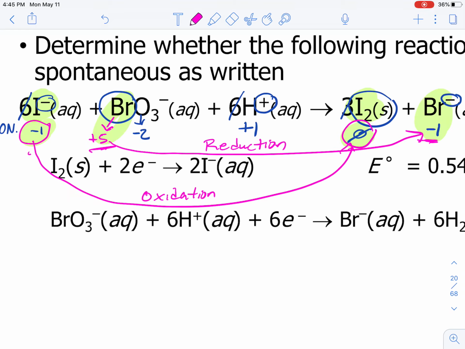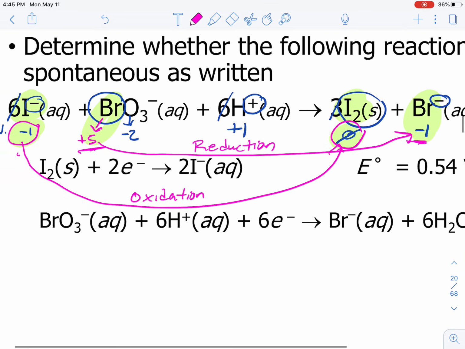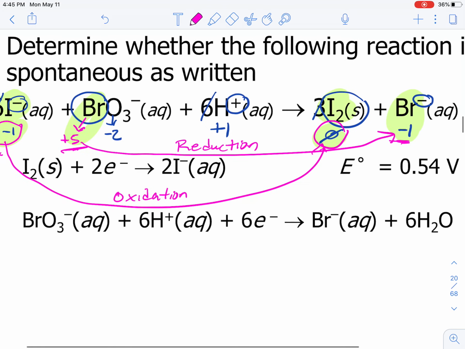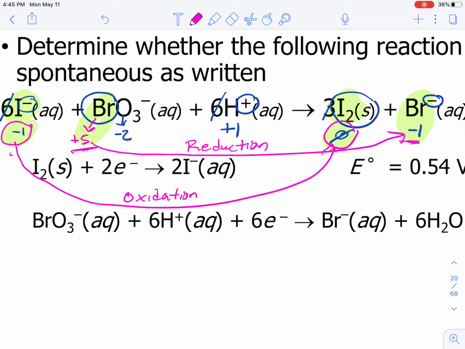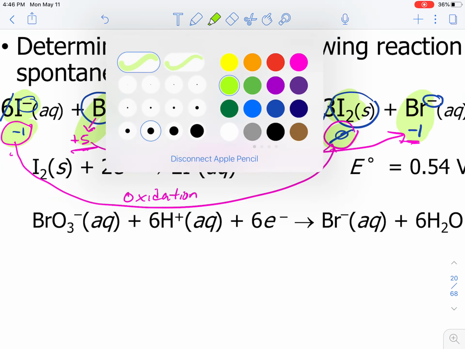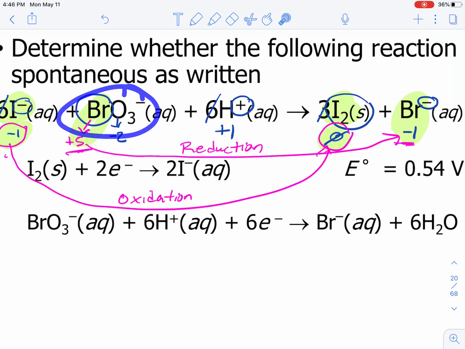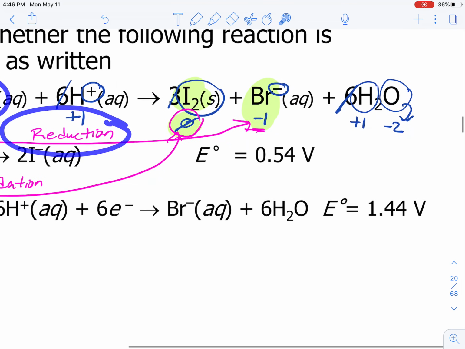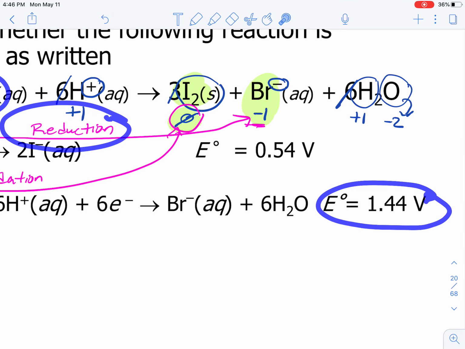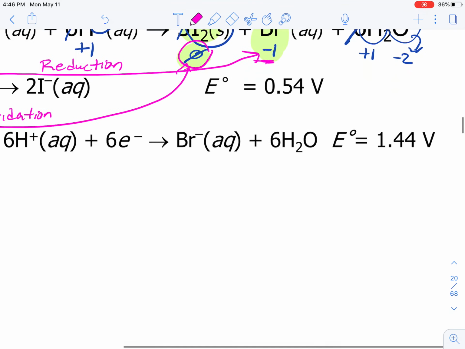So now that I know the substance that's oxidized and reduced, I can go ahead and assign that concept to my given reduction potential values. Since bromate is undergoing reduction, let me do this in a different color. Let me write the equation first.